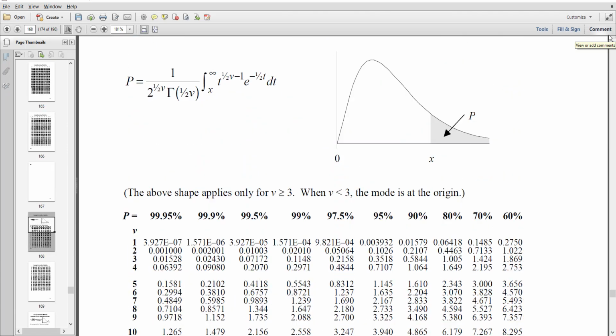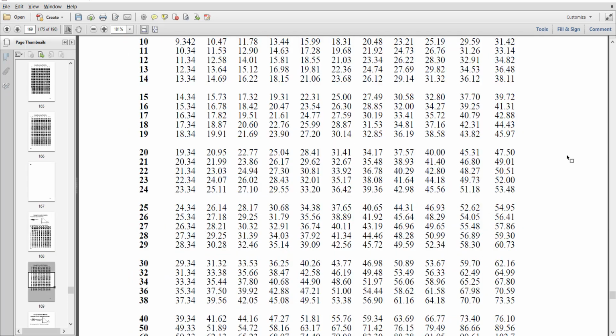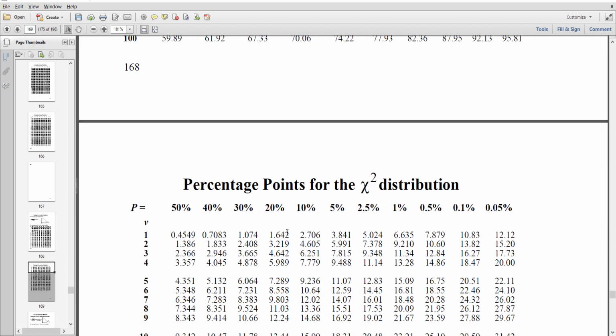So percentage points, upper 5% percentage point is what I have to see now. So it's right here. You have to go for chi-square 5, the 5% percentage point of chi-square 5 distribution. It's 11.07.